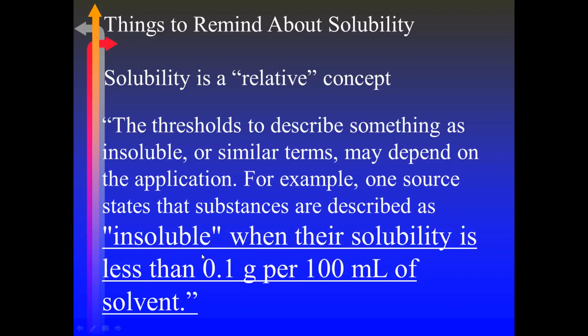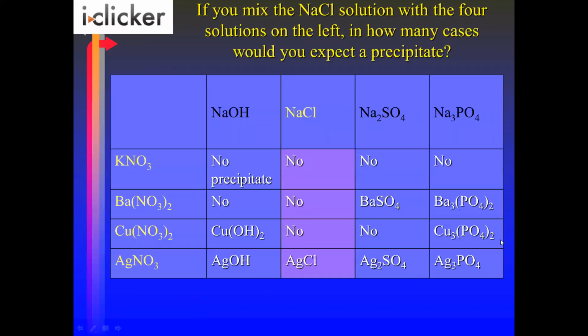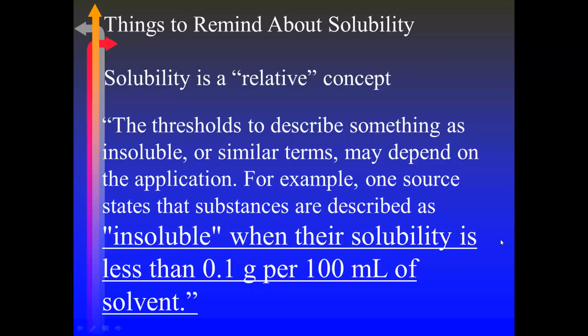One criterion I found on the internet is that some people say if a compound's solubility is less than 0.1 gram per 100 milliliters, we consider it insoluble. But that is not a universal criterion. It depends on your application.